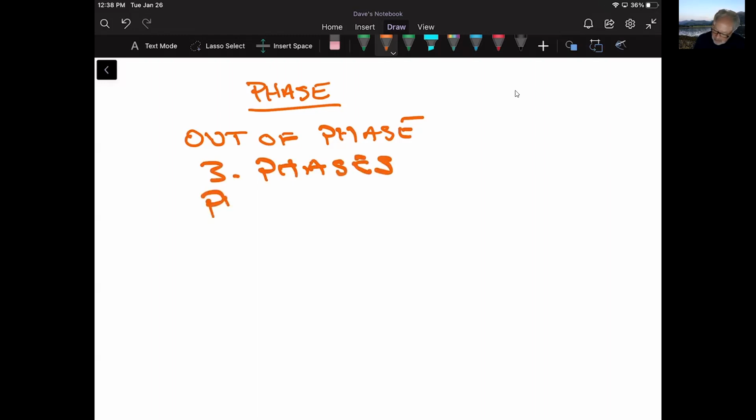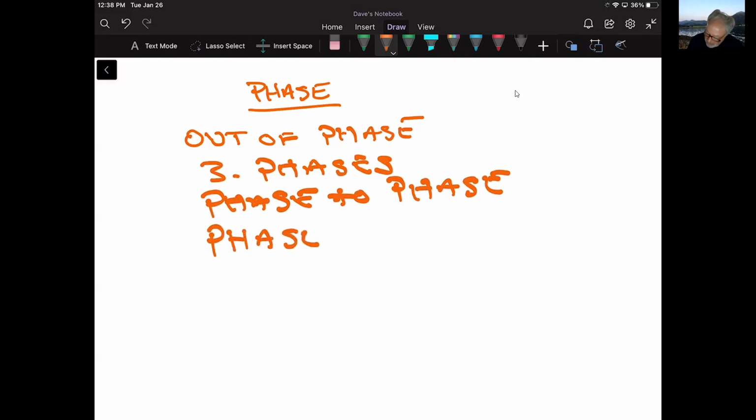Phase to phase voltage. When we get into three-phase electricity, we make our measurements from phase to phase, unless we're told in another instance to measure from phase to neutral. We'll get into all that as we proceed. A phase sequence is the order of the phases.